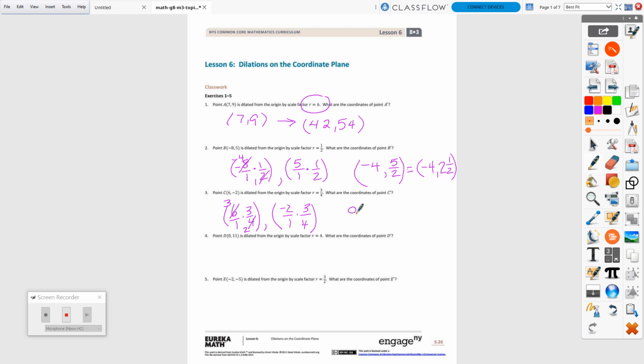Multiply across, and we get 9 over 2. And our second one, we can cross cancel our 2's. And -1 times 3 is -3, and 2 times 1 is 2. And again, we could leave it that way, or if we have to graph it, 2 goes into 9 4.5 times. And -1.5.